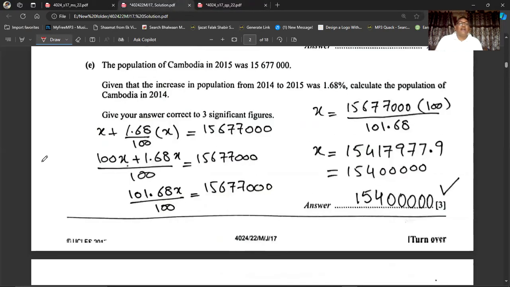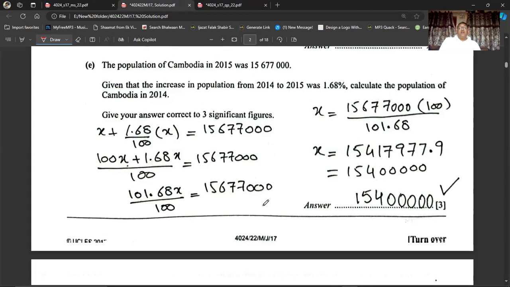So here we go: x plus 1.68 divided by 100 into x is equal to 15,677,000. When I take the LCM on this side, you will have 100x plus 1.68x, whole thing divided by 100, equal to 15,677,000. So it will be 101.68x divided by 100 equals 15,677,000.